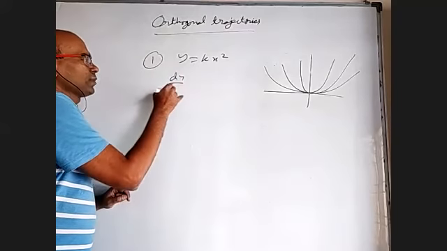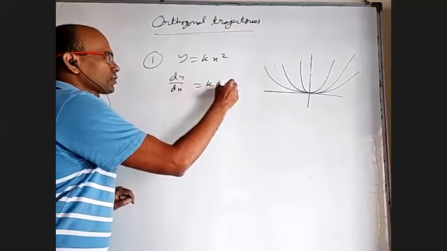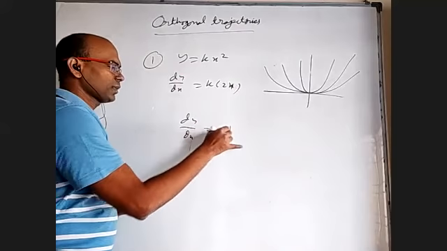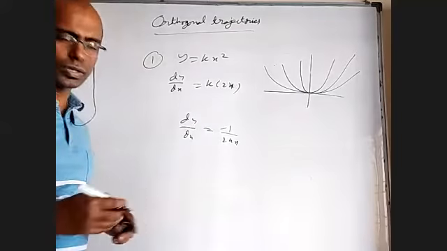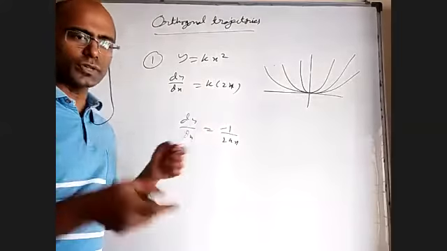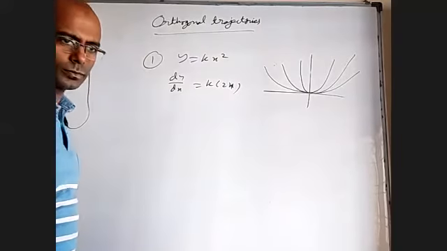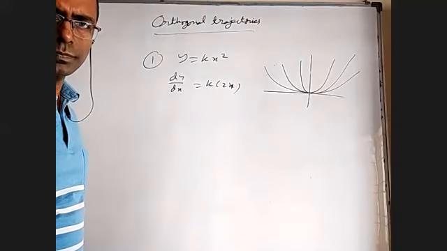So when you find dy by dx, you will get k into 2x. But I am not going to write dy by dx for the orthogonal family as -1 by 2kx. No, I am not going to write that, because whatever k you take, it should happen. So I should first of all find this without k.